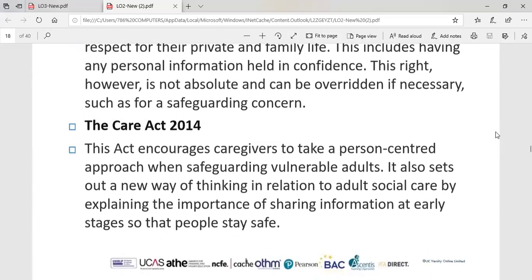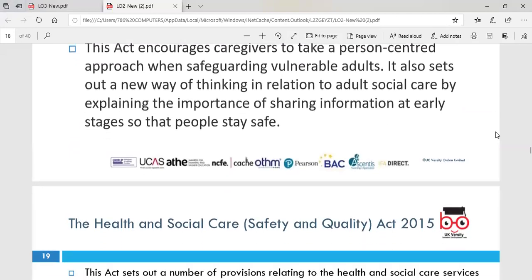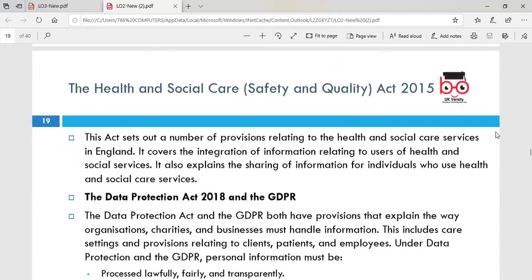And then you have the Care Act 2014, which encourages caregivers to take a person-centered approach when you have safeguarding issues with vulnerable adults who lack capacity. It sets a new way of thinking with regards to adult social care, and it explains the importance of sharing information at early stages so that people stay safe.